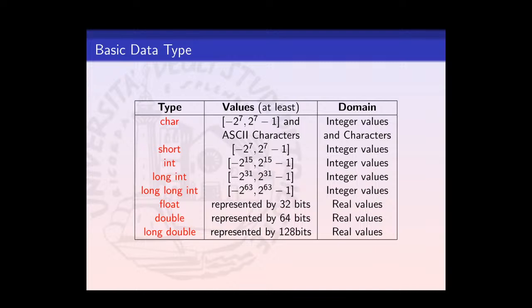In particular, integer values going from -2 to the power 7 up to 2 to the power 7 minus 1. All the integer values in between these two values can be represented in a single char variable, because the char variable takes exactly 8 bits, and by using 8 bits you are able to represent all the integer values in that domain.